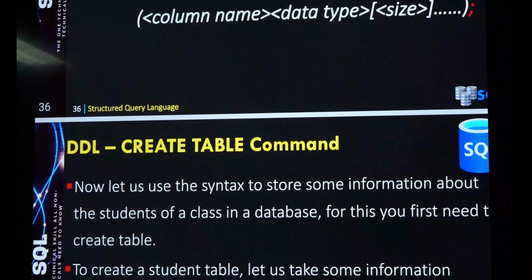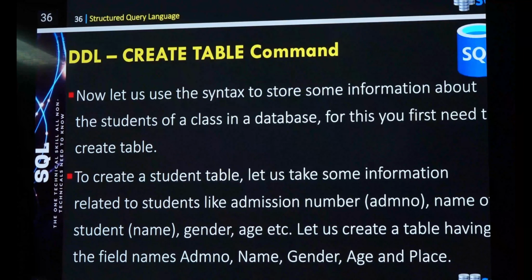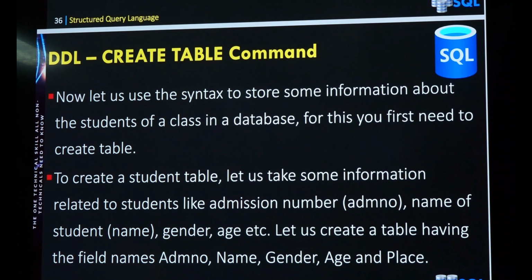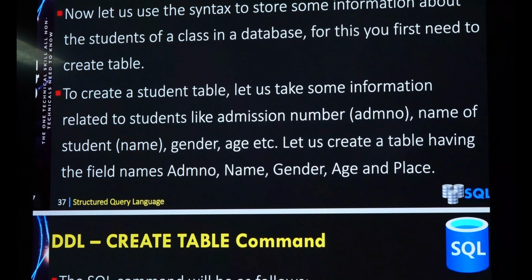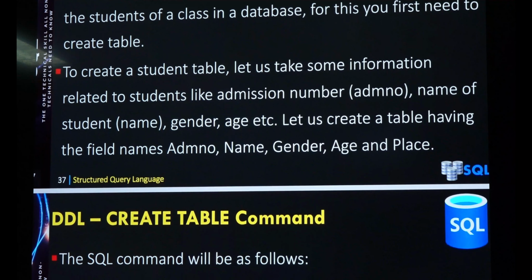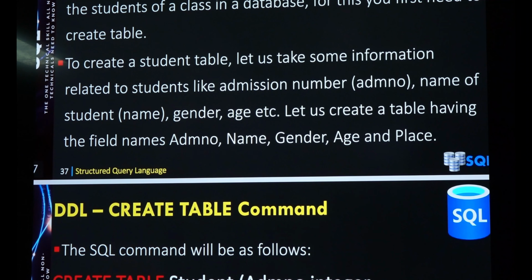Now let us use the syntax to store some information about the students of a class in the database. For this, first you need to create a table. To create a student table, let us take some information related to students like admission number, name of student, gender, age, and so on.